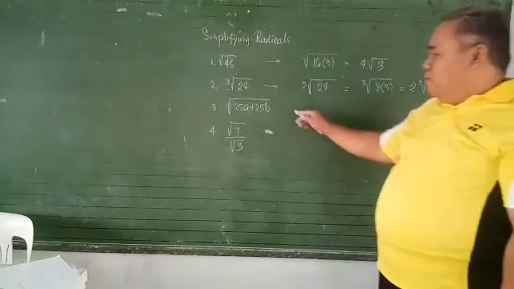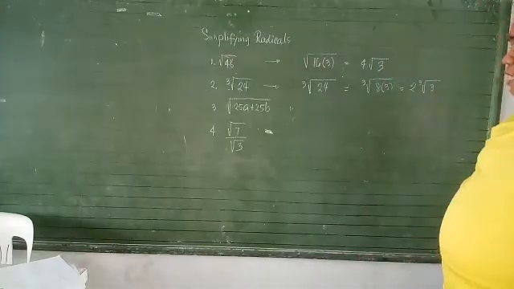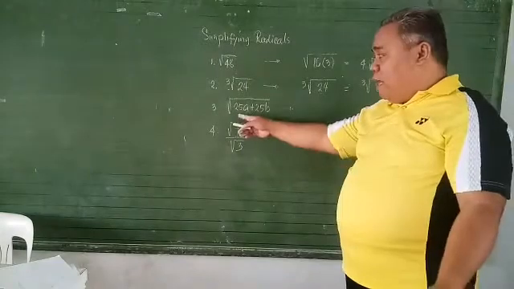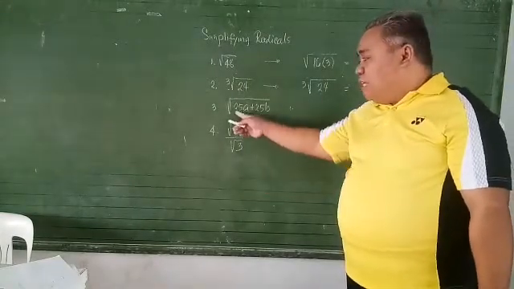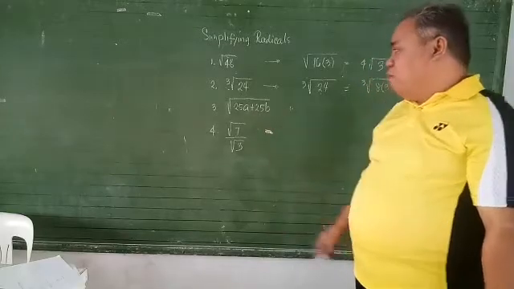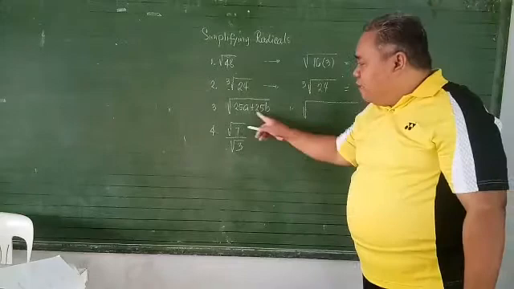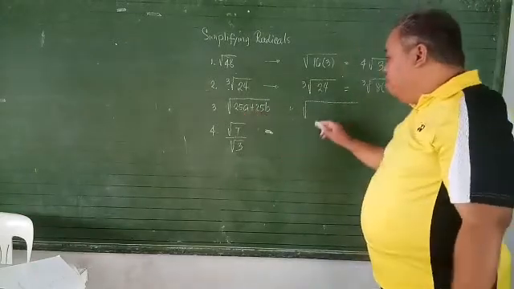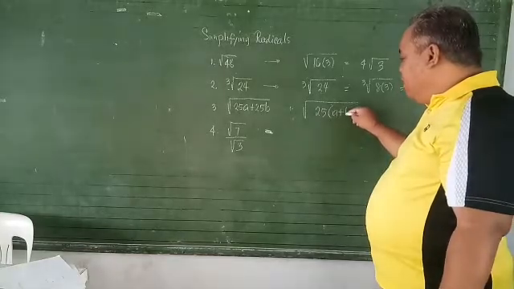So what about this one? The square root of 25a plus 25b. At first glance, it looks like there's no perfect square there. But if you look, when you factor it, there is a perfect square. So this time, let's factor it. The common monomial factor of these two terms is 25, times the quantity a plus b.